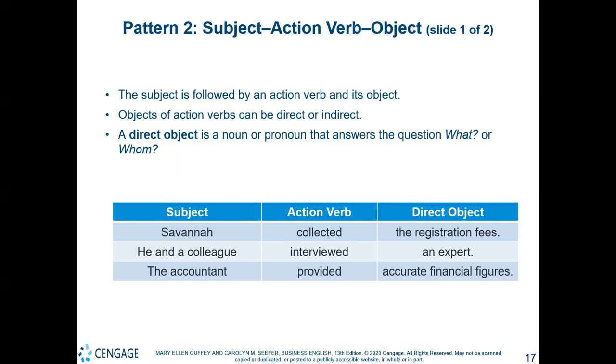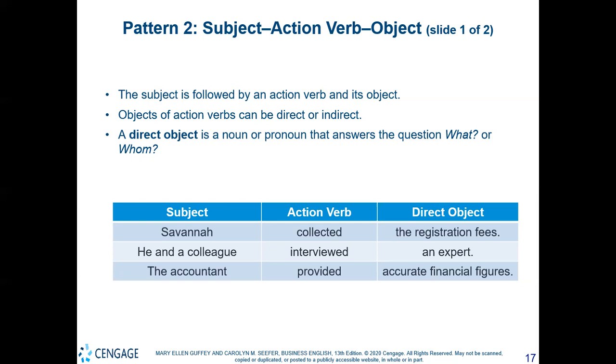Direct object, the registration fees. The sentence reads, Savannah collected the registration fees. The next subject would be he and a colleague, action verb, interviewed. Direct object, an expert. Together, this sentence says, he and a colleague interviewed an expert.